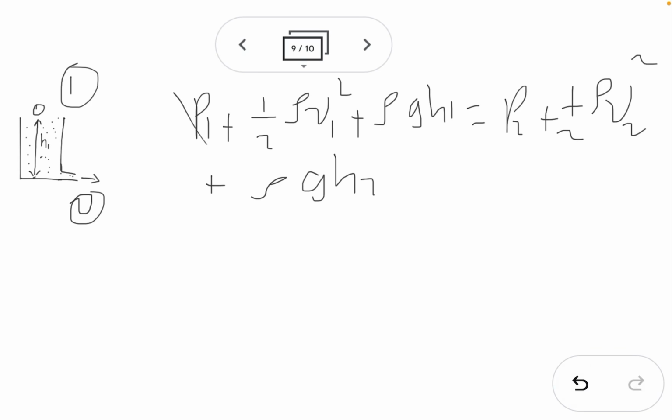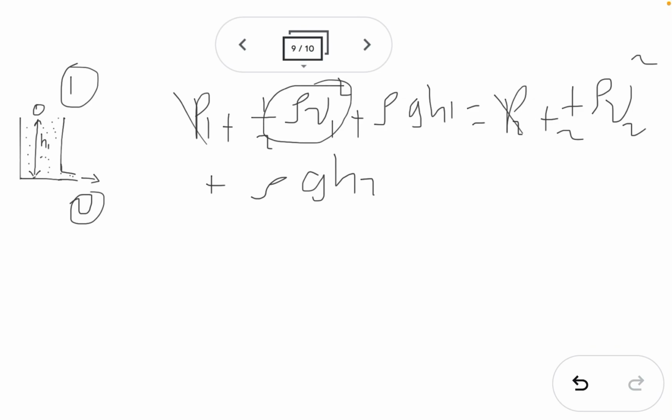So P1 and P2 are equal, and also the speed at the top, V1, is taken to be 0, therefore this part is 0 in the equation. And the height h1 is the height of the fluid in the tank. So we have a value of h1, it's going to be given if you are given a problem.